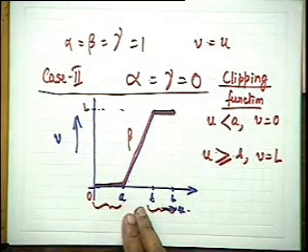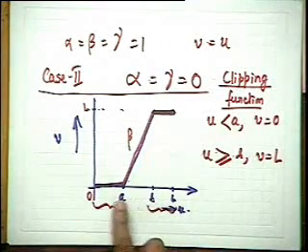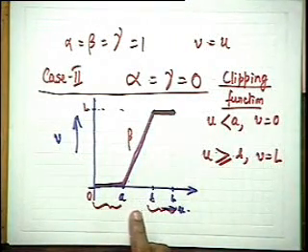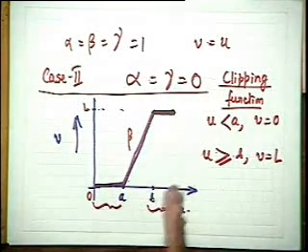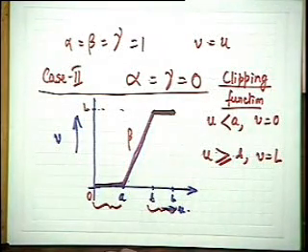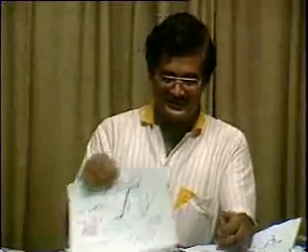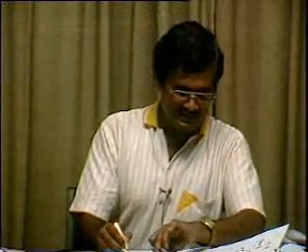Firstly, if I reduce the width between A and B, my slope beta will keep on increasing as I bring A and B closer. In the limit, when I make A equal to B, that is, the limiting case where A is equal to B, which I define to be some value T, then what happens?